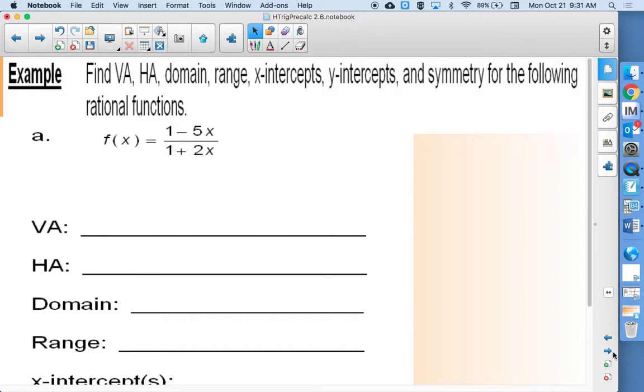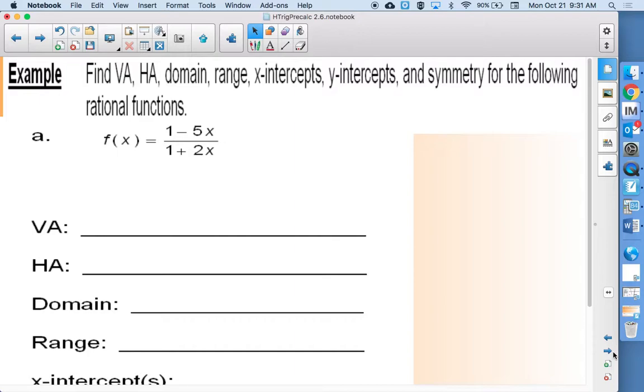We're going to try and do as much as we can without a calculator, and then we'll have to look at the calculator for the range and for the symmetry. So you have to pretty much rely on the calculator for the range. It doesn't always correspond with the asymptotes, and then to see what kind of symmetry the graph might have. So let's talk about at least what we can find algebraically.